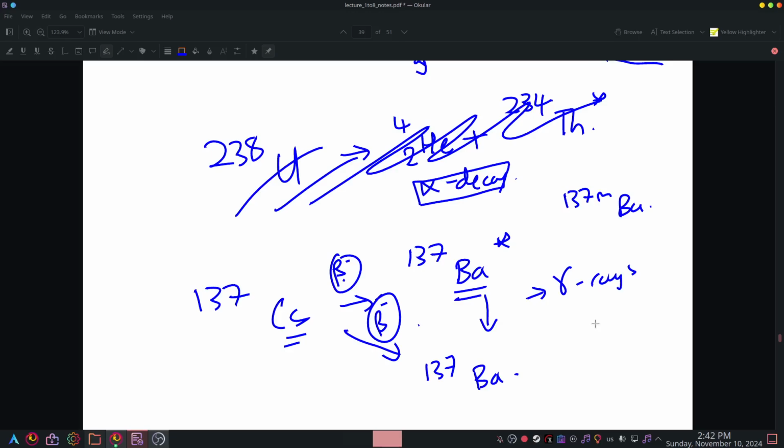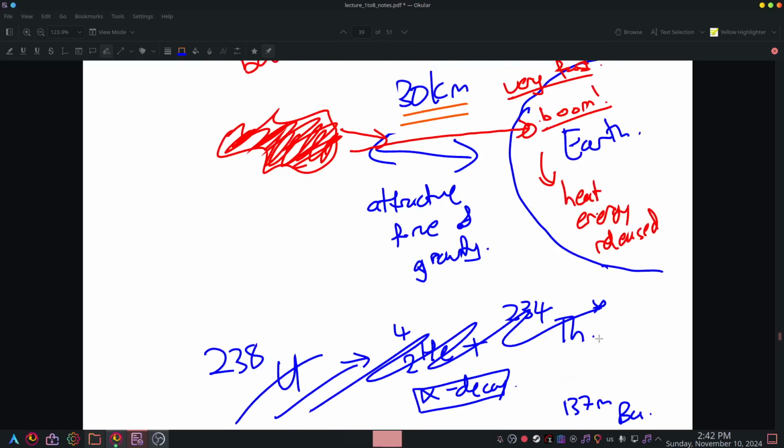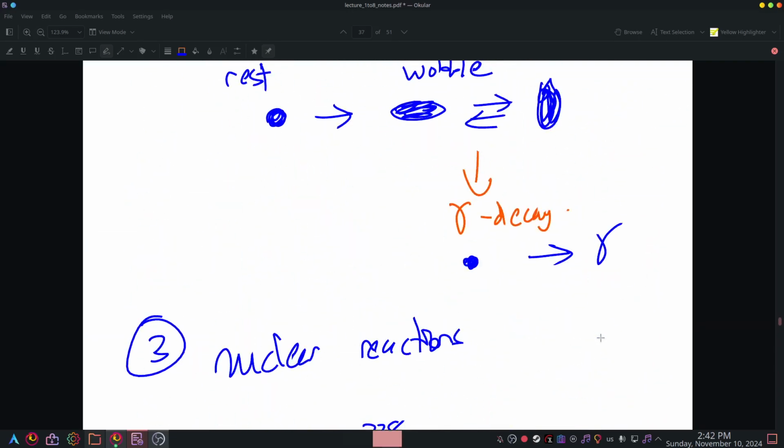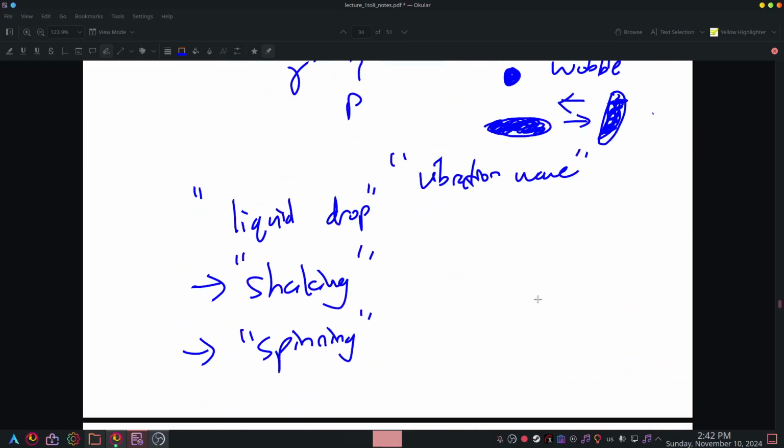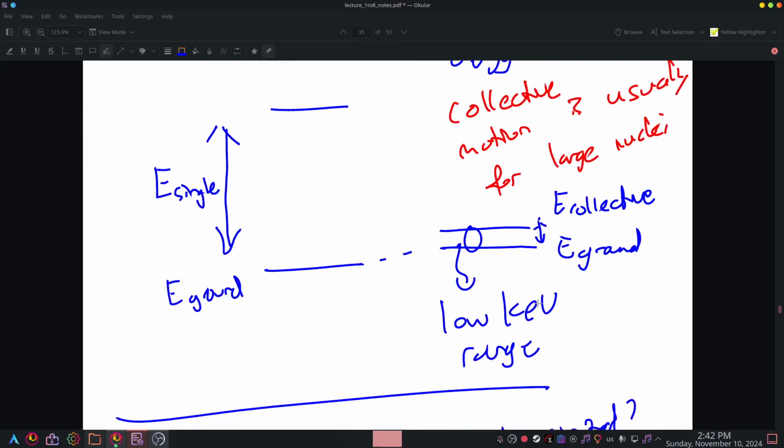The main point I want to bring across is that nuclear reactions in general can excite the nucleus, and that's why you release gamma rays to de-excite it. So what we talked about extensively here is gamma decay.